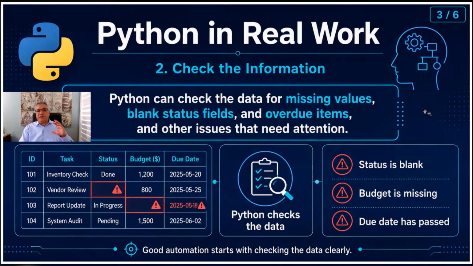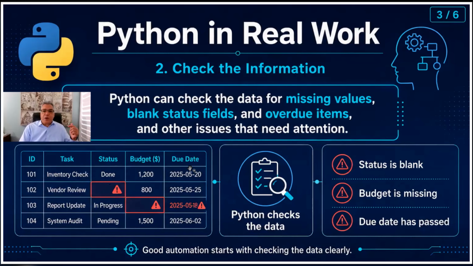Python will take all of this information and analyze it in the background. Some of this information could be missing. Sometimes you provide a due date based on a certain date or today's date.